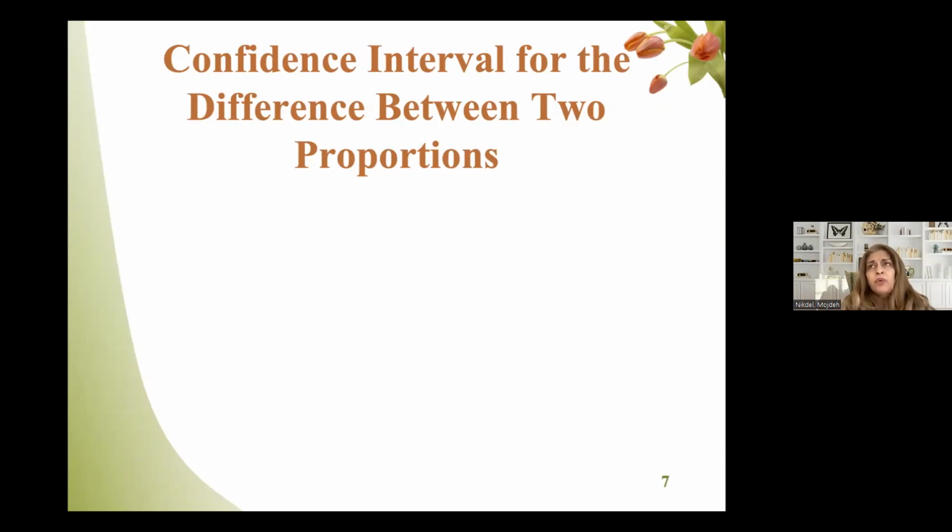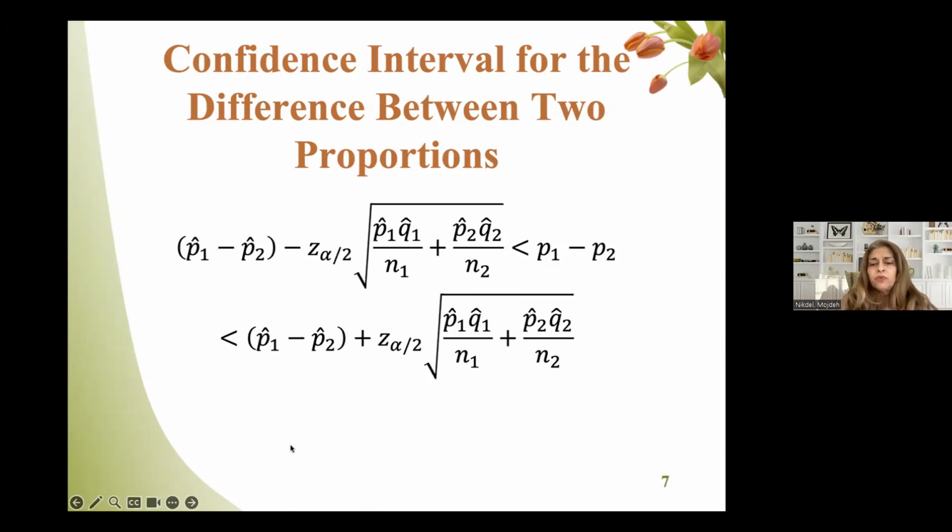Now, in 7.4, we did hypothesis testing for proportion, now confidence interval for proportion when you have 2 populations. Here is the formula. Don't be scared. You are not using this because you're going to find the confidence interval, the number on the left and the number on the right of P1 minus P2, from the calculator, okay?